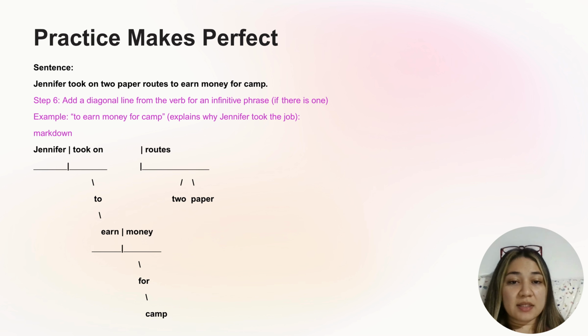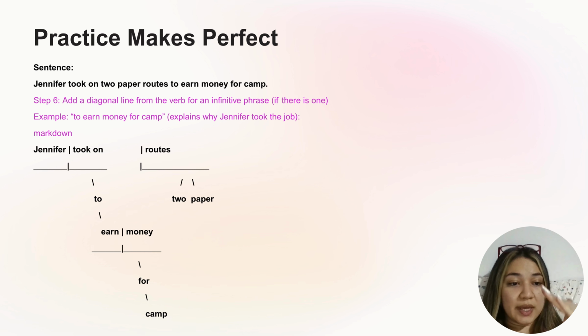In this case, we add a diagonal line from the verb for an infinitive phrase, if there is one, right? For example, "to earn money for camp" explains why Jennifer took the job, right? So we have the subject, the verb, and the object.